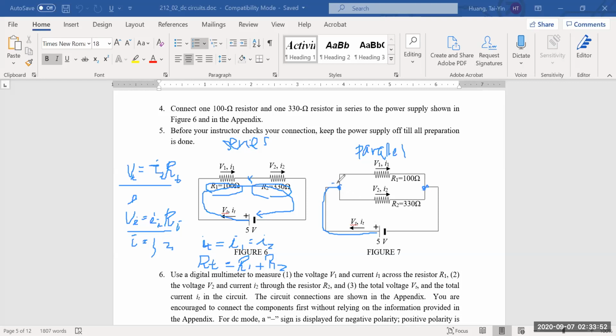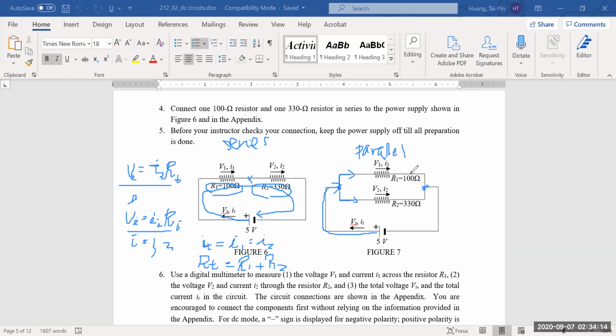When the current comes in at this junction, some current goes through the upper resistor, and some goes through the lower one. The current through the upper one we call I1, and the current through the lower one we call I2. The voltages we label V1 and V2.